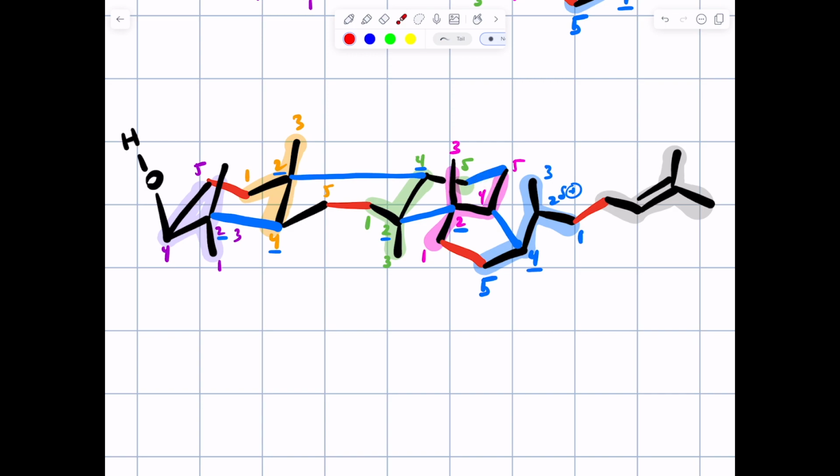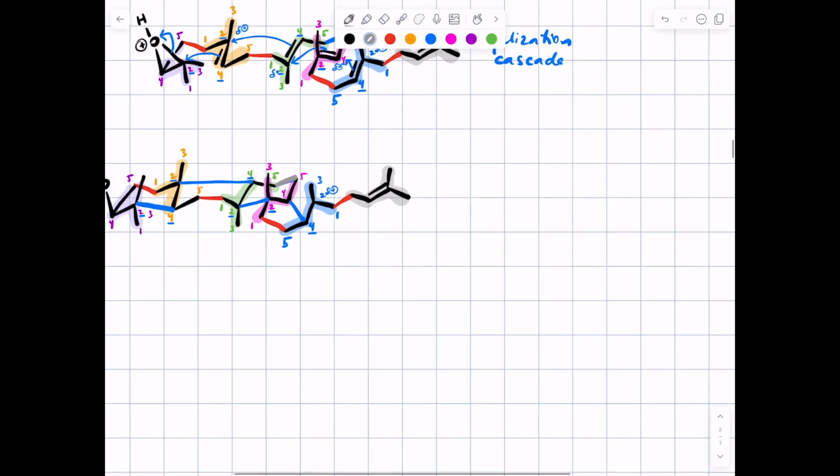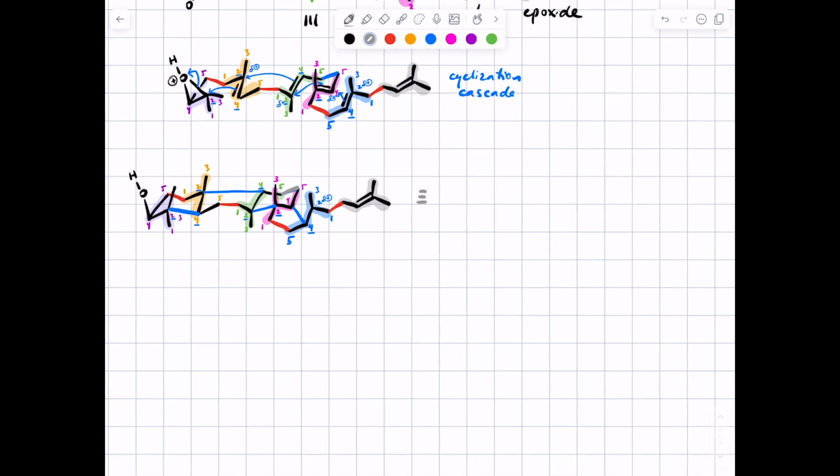And this one, which I've kept blue, was from the, maybe we'll make it gray, the head-to-head elongation of 2 farnesyl pyrophosphates to form squalene. All right, so if we follow that through and look at what we've just made, it looks like this.